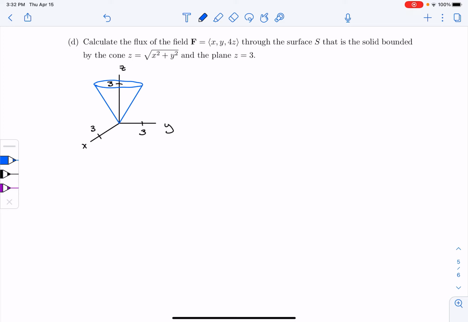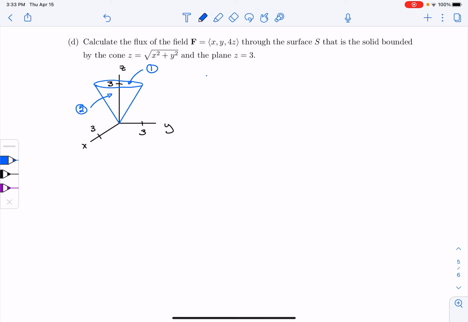So what I've done is I've drawn the cone, and the cone is actually going to define two surfaces that we're going to be interested in. The first one, surface 1, is just going to be the plane z equals 3, and then the second surface, surface 2, is going to be the surface of the cone, z equals square root of x squared plus y squared.